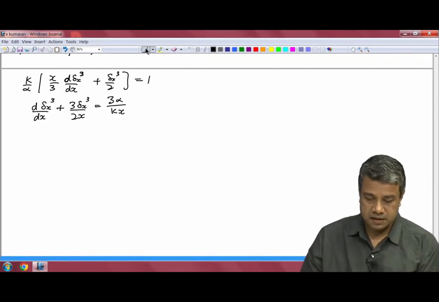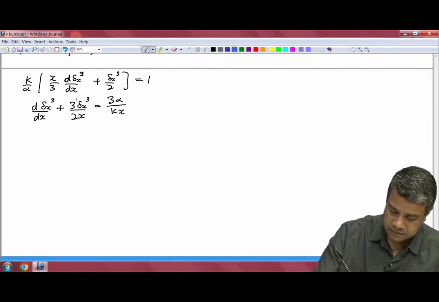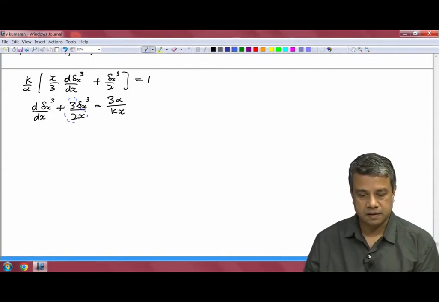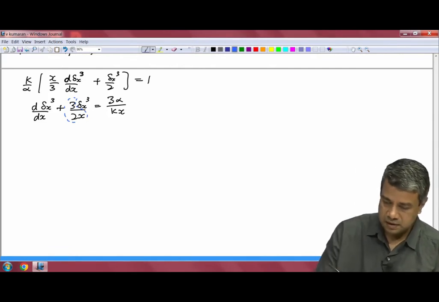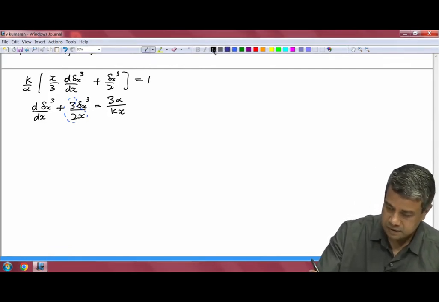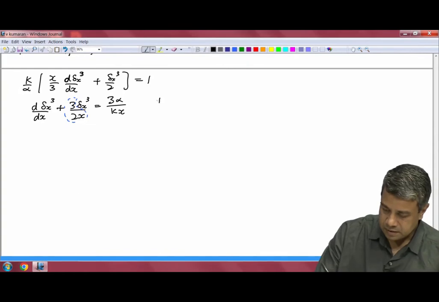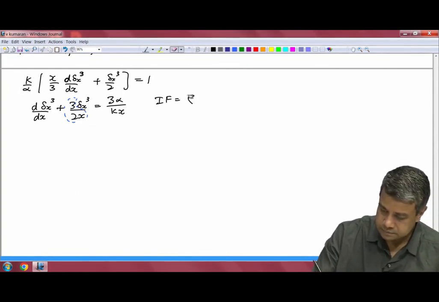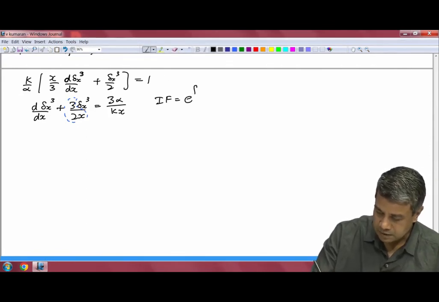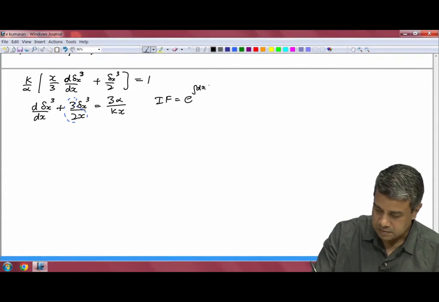In this case the integrating factor, the p of x, is this coefficient. Therefore, the integrating factor is equal to e power integral dx times 3 by 2x.